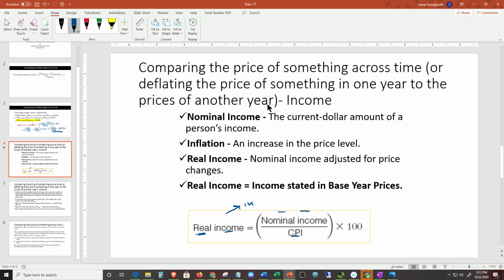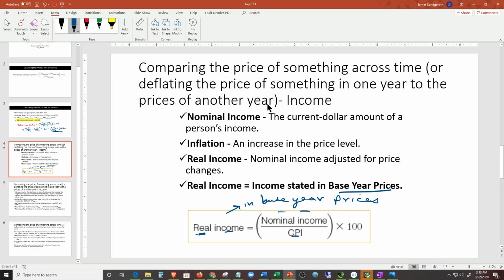And really what they're not saying, in base year prices. Oh, I wrote that out because the slide from the textbook didn't.